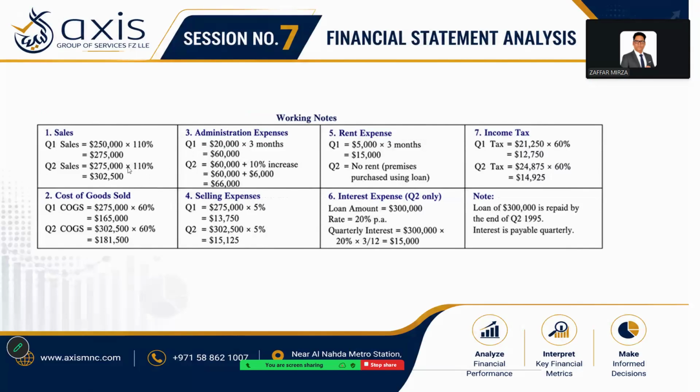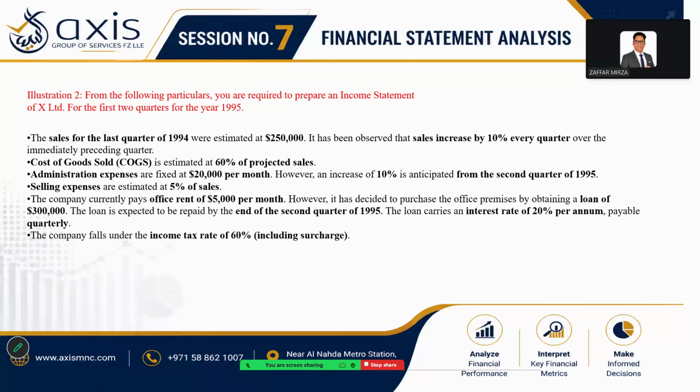Sales, quarter one, 250 multiplied by 10%, 275,000. Quarter two, 275 multiplied by 10%, 302,500. So let us go back to the sentence.